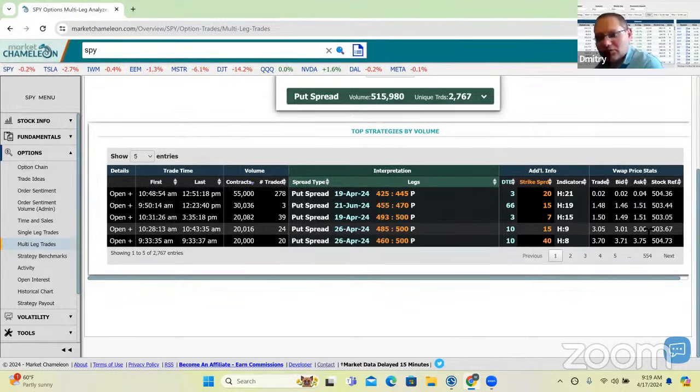They tell you to try to get the midpoint. Well, why not try to get better than the midpoint? If you could get the midpoint, or above the midpoint when you're selling, well, that's even better, right?